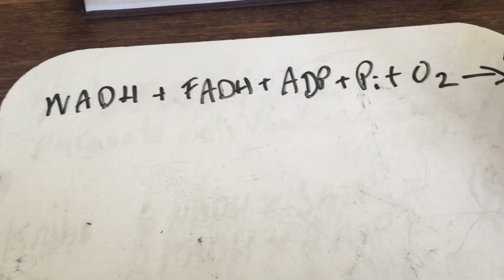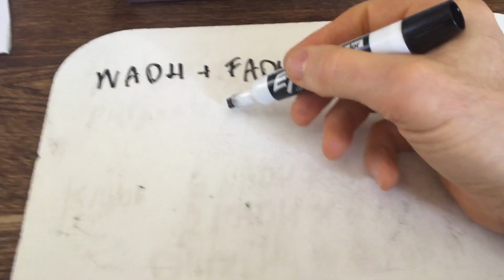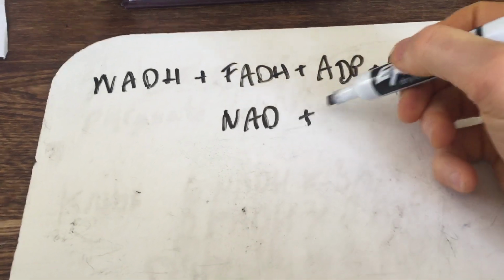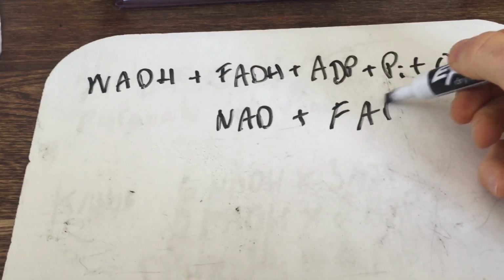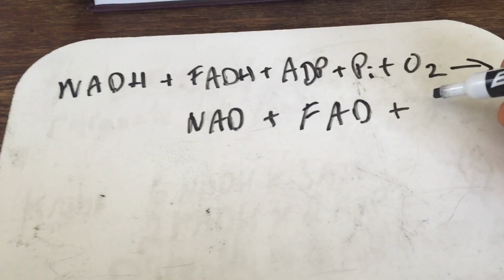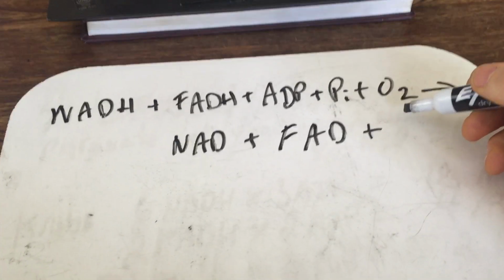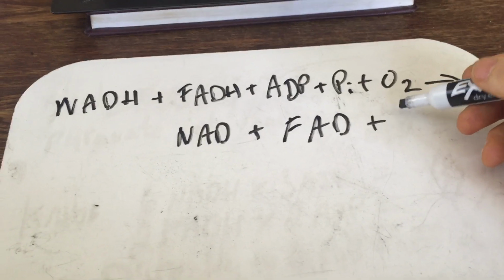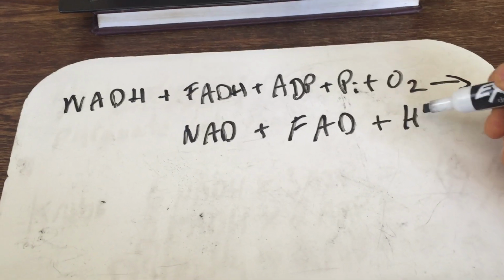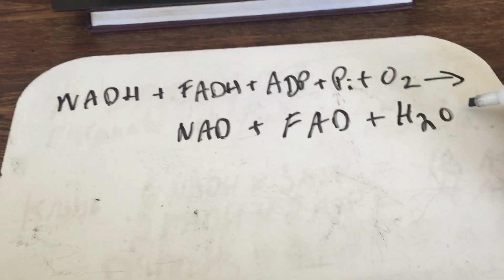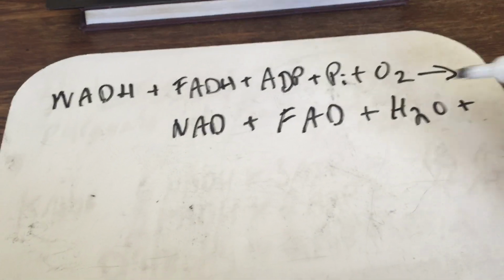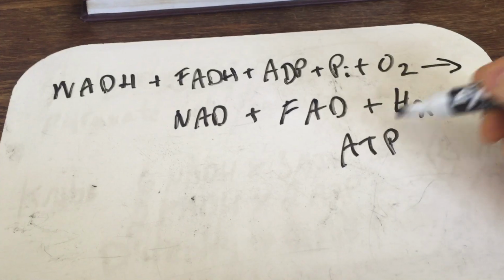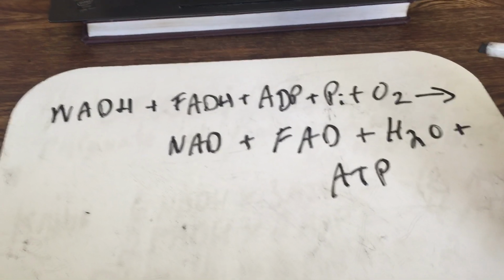And they're eventually going to form, you're going to have NAD come out plus FAD. They lose their hydrogens. The hydrogens essentially go to oxygen as the last electron acceptor in that chain. So you get formation of H2O. And then you'll also have your ATP, which is the most important part of that process.